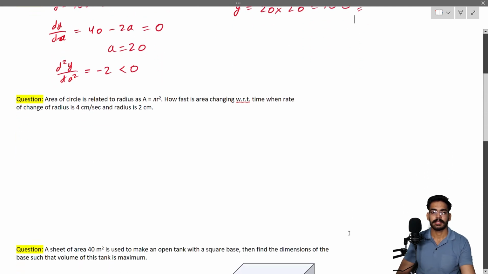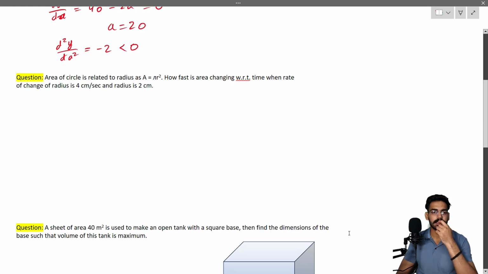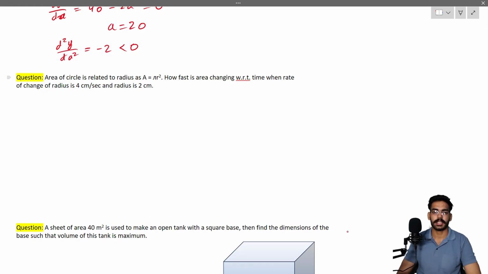The next question I have is that the area of the circle is related to the radius as pi r square. How fast is the area changing with respect to time when the rate of change of radius is 4 centimeter per second and the radius is 2 centimeter?